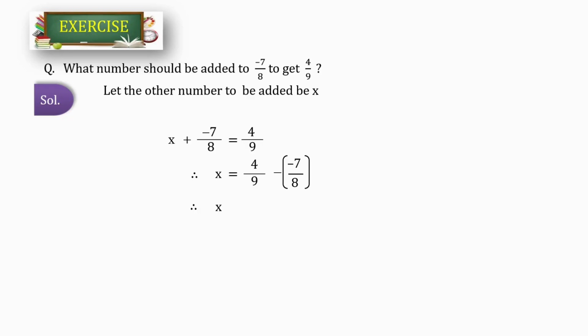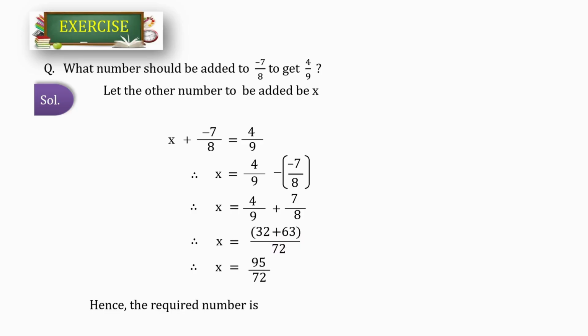So now when it transposes to the right hand side, it will be minus. So be careful about this. So hence the required number is 95 by 72.